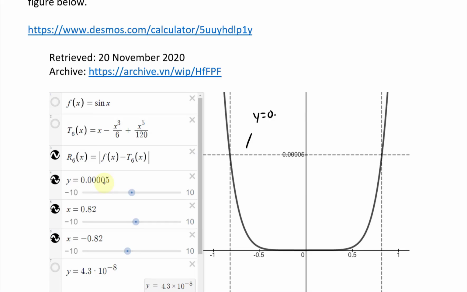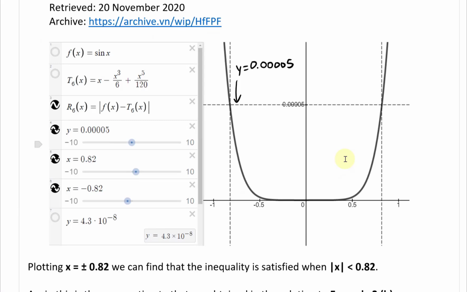Y equals 0.0005, let's move it somewhere a bit better. And here I've graphed negative 0.82 and also 0.82. This is x equals negative 0.82, and this is x equals positive 0.82.